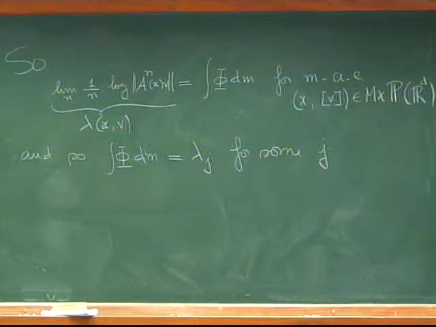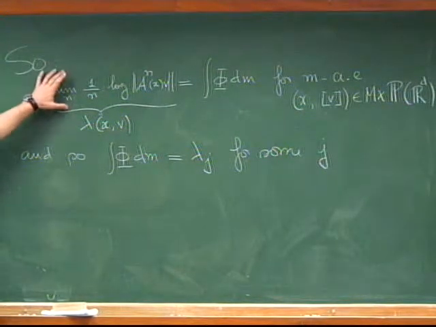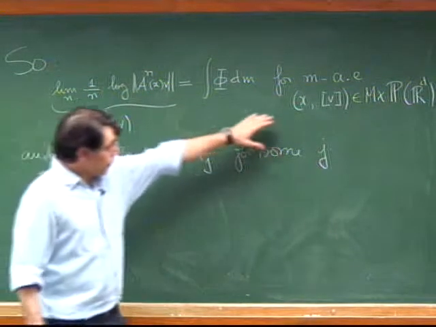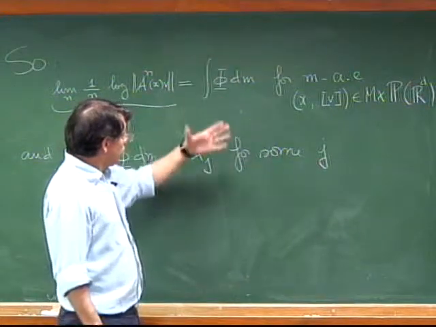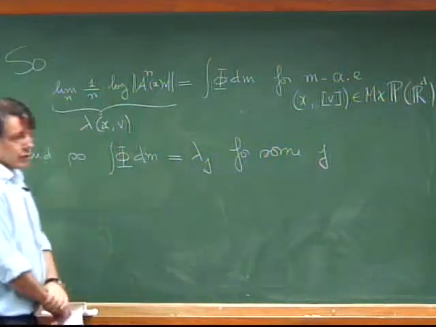Simple as that. The Lyapunov exponents are all possible values for this limit. For almost all pairs, we get the same number, so this number has to be one of the lambda j's.